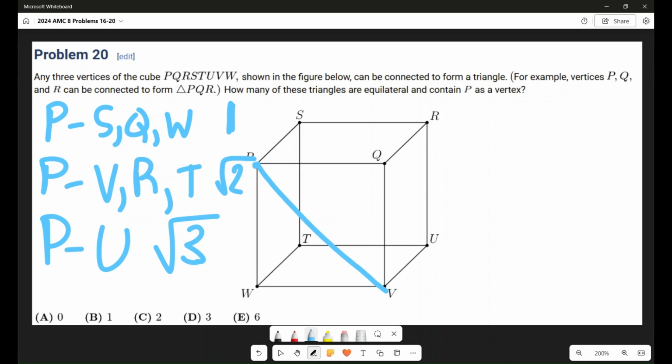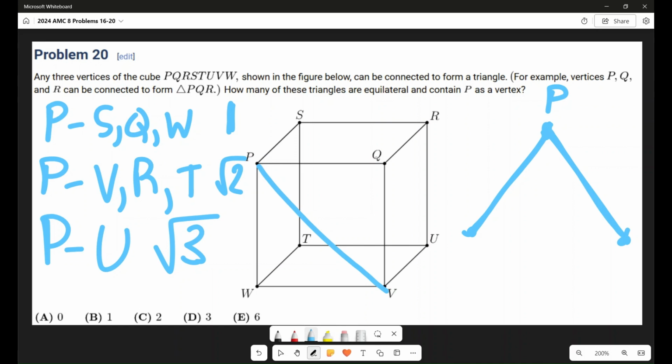So if we have an equilateral triangle with a vertex of P, then the distance from P to the other two vertices has to be equal, because that's the definition of an equilateral triangle. So let's say that P has a distance of 1 from those two other vertices.